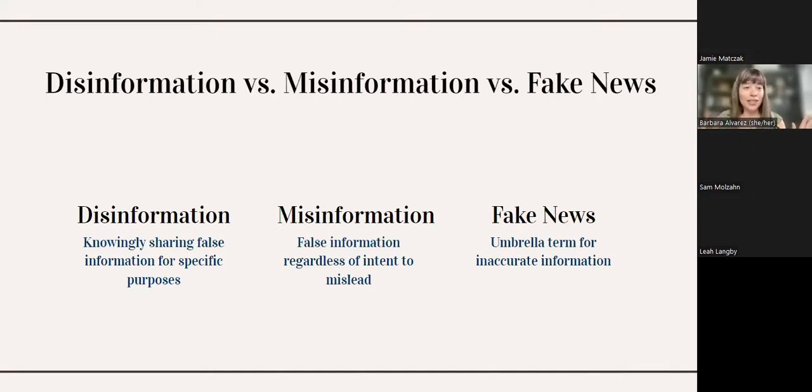If you have social media in any capacity, you've probably screenshotted something, shared something, commented, liked, and that could have been misinformation. So that's where that blurred line comes in, is the people that are knowingly creating this propaganda and the people that are spreading it thinking that this is true. This is where we have the umbrella term for fake news. So fake news encompasses anything that is inaccurate.